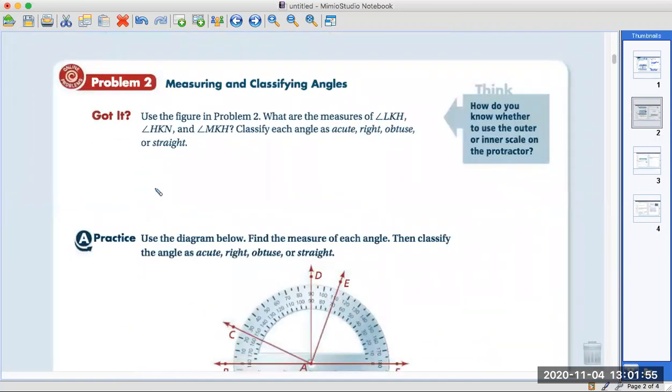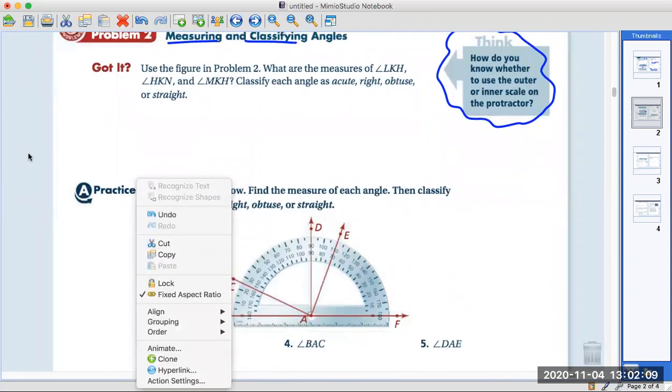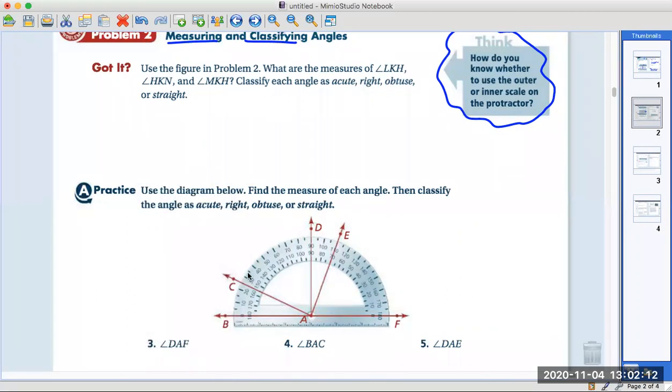Measuring and classifying. Remember classifying? What kind are they? How do you know whether to use the outer or inner scale of the protractor? You notice how the protractor has 2 scales. It's got the outer one and it has the inner one.